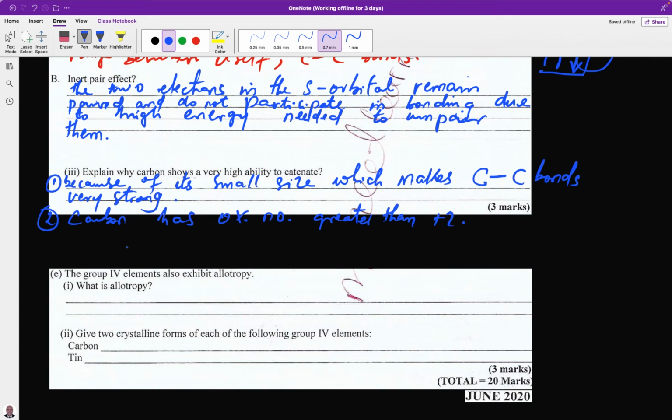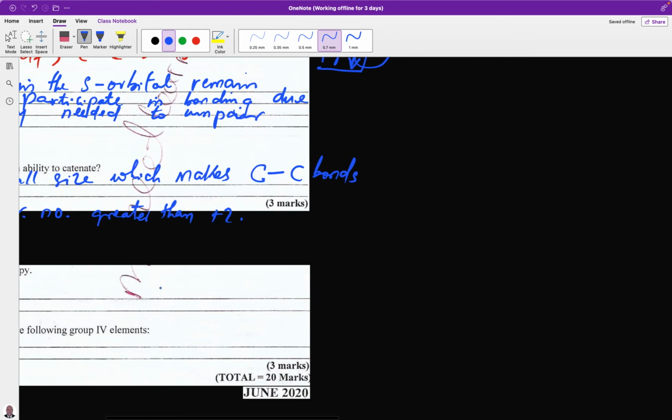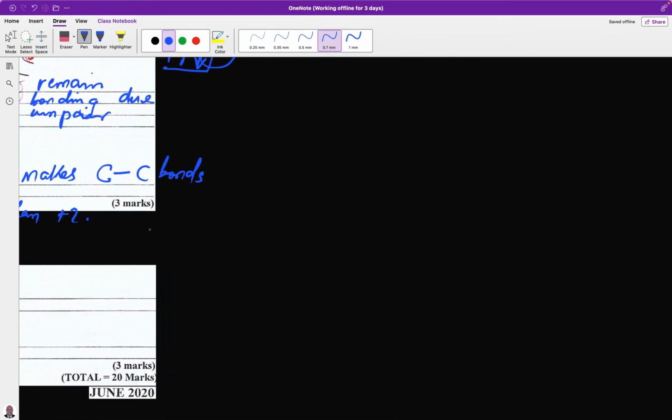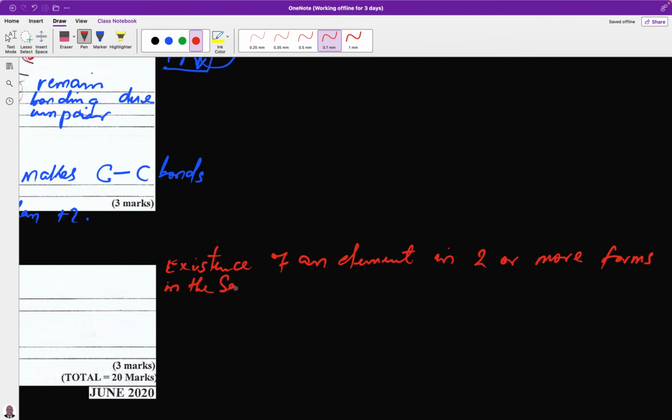You can define allotropy as the existence of an element in two or more forms in the same physical state.